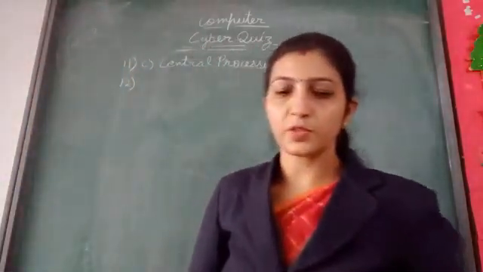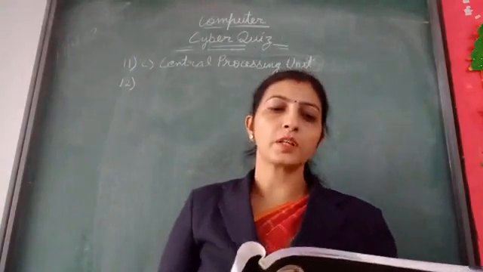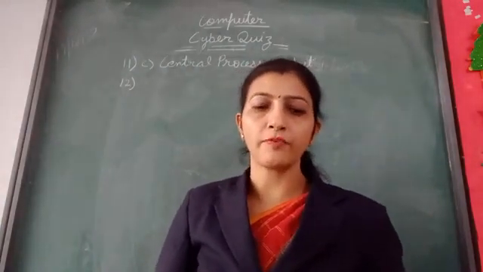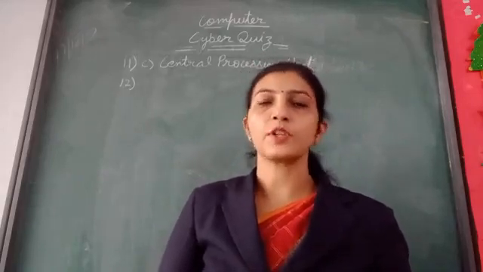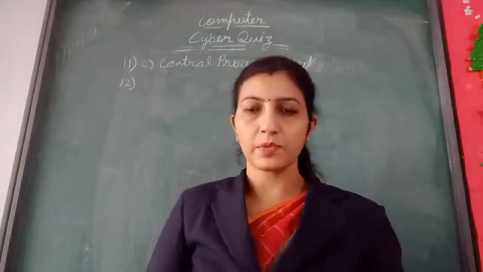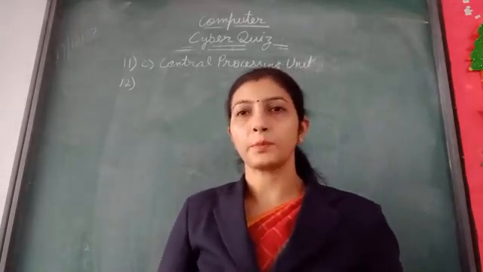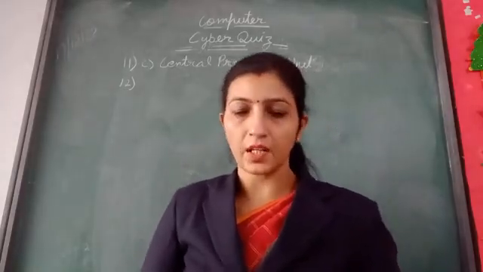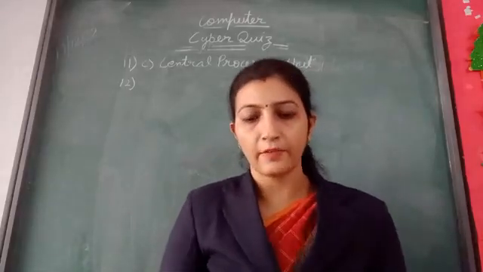Come to question number 12. Question 12 is, the computer keyboard is which type of device? The options given to us are output, input, processing. So children, the computer keyboard is a processing device.